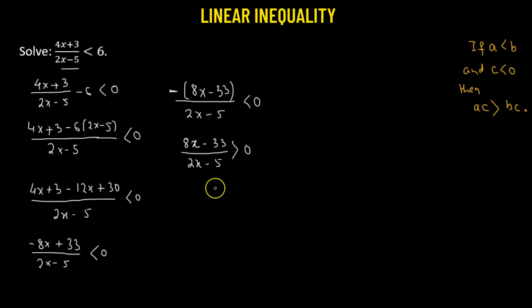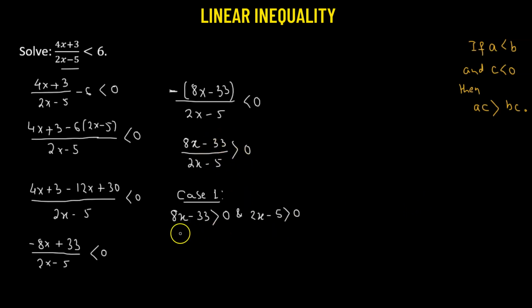Now we'll have two cases. So we'll start with case number 1. Here case number 1 states that we have a rational expression (8x - 33) divided by (2x - 5) and this value is greater than 0. This would mean that if we consider the numerator, which is 8x - 33, to be a positive number, and we also consider simultaneously the denominator as also a positive number, in that case we have a positive number divided by a positive number, which will make it positive, that means greater than 0.